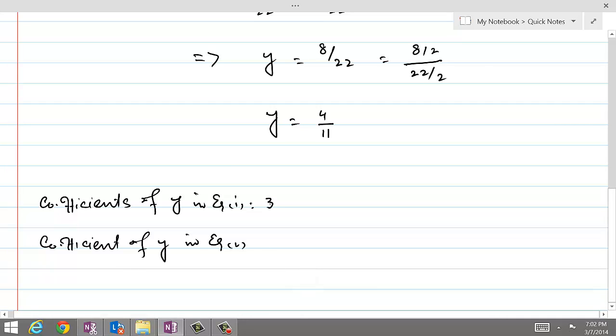And in the second equation, it is minus 5.